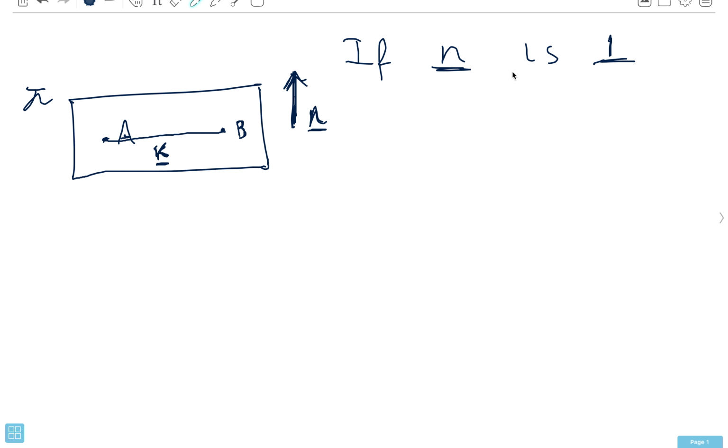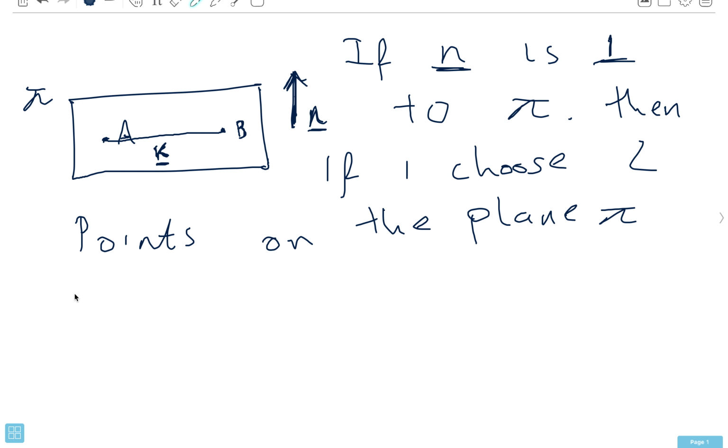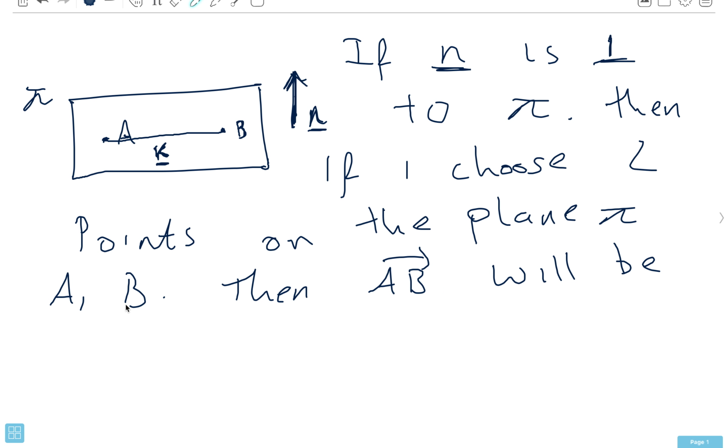I'm going to use freehand. If n is orthogonal to the plane pi, then if I choose 2 points on the plane pi, let's say A, B, then AB will be orthogonal to n as well, since they're on the plane.